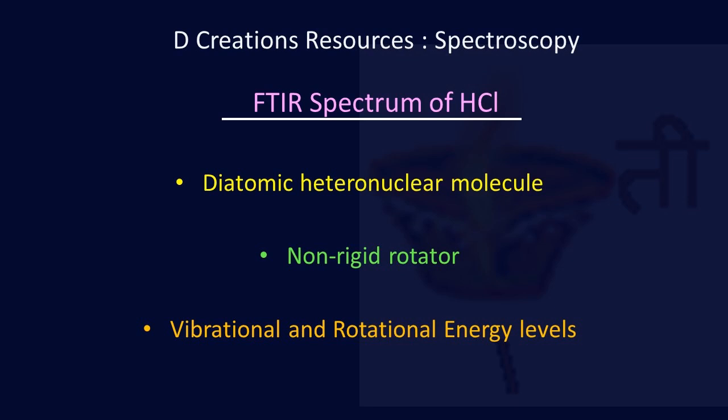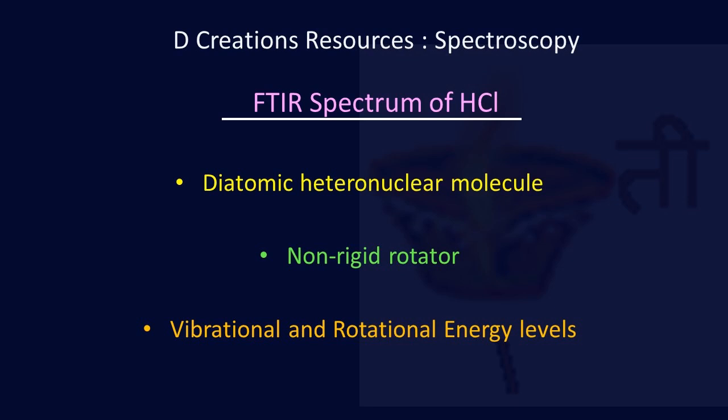So like any other, the FTIR spectrum of HCl is a fingerprint for the molecule, and mainly a fingerprint of the vibrational and rotational energy levels of the molecule, and it provides information about the strength of the bond and how the molecule interacts with the infrared radiation.